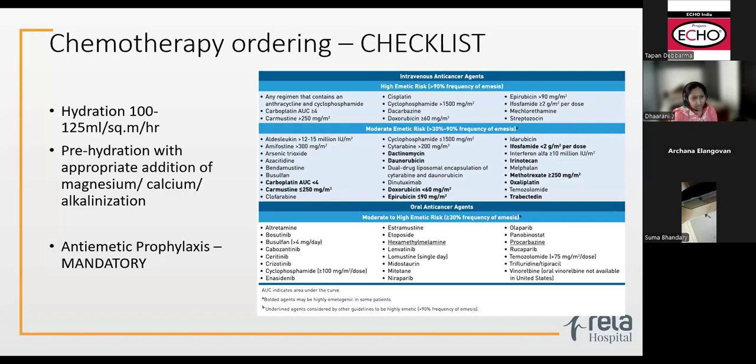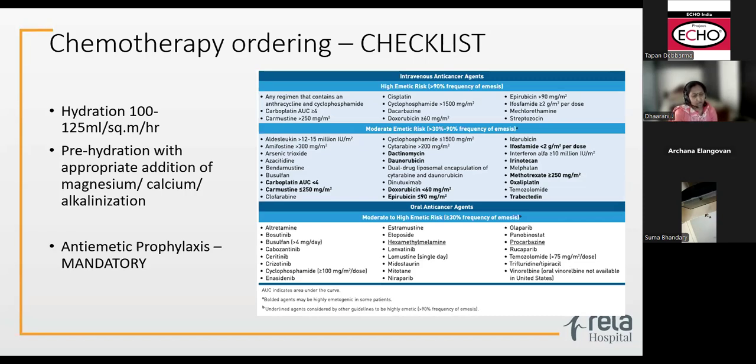So having one episode of vomiting will be a nightmare for the patient for that episode, and even for the subsequent episodes. The fact that they may get vomiting, even if they think about it, they'll start getting nausea, vomiting, and it is not a very pleasant experience. So we need to ensure that we try to avoid the nausea, vomiting at any cost.